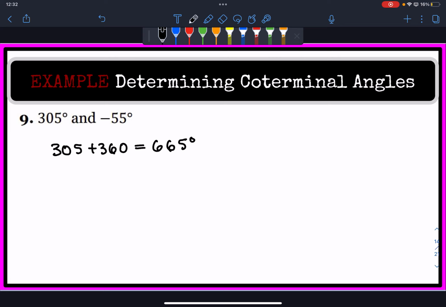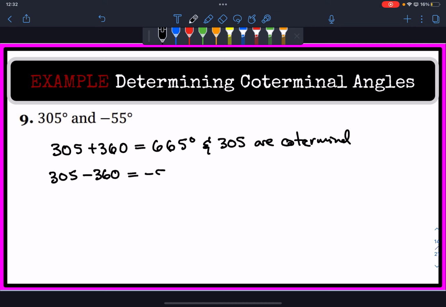So 665 and 305 are coterminal angles. If I just rotate in the opposite direction and subtract 360 degrees, that equals negative 55. So negative 55 and 305 are coterminal.